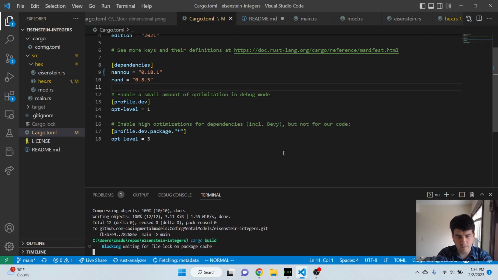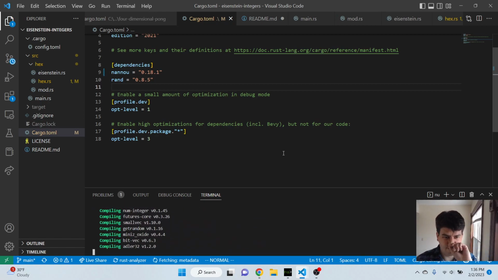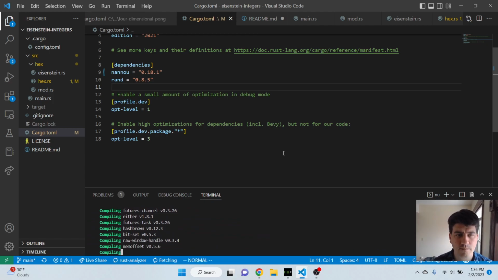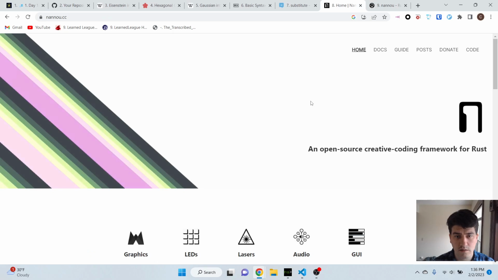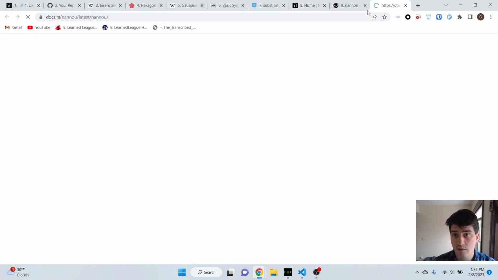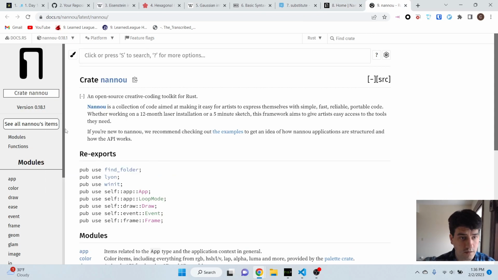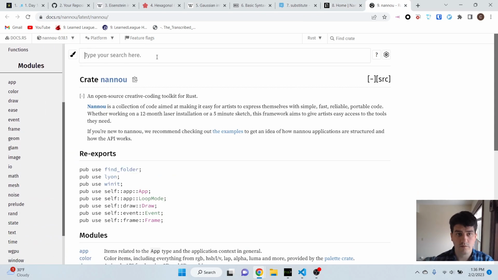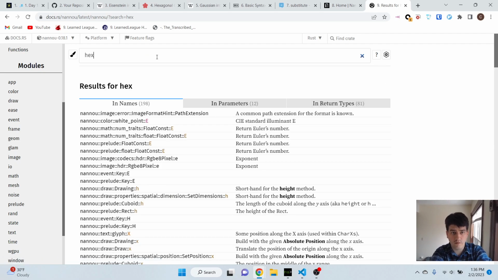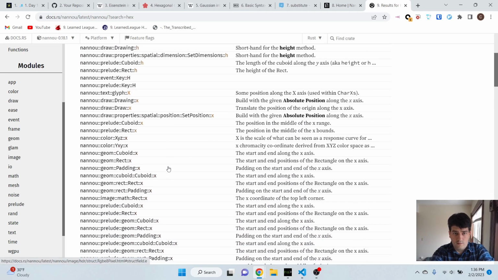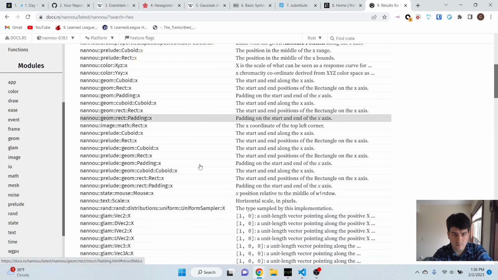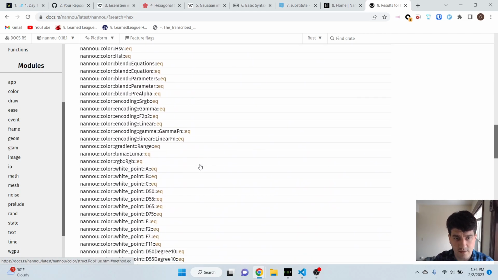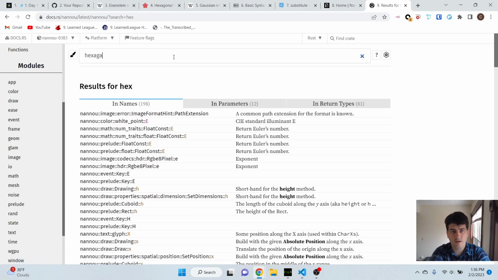Make sure this still builds. And while that's building, let's figure out the docs. Draw, what happens if I say hex? Cube. I mean, I know it at least has lines, so hexagon.